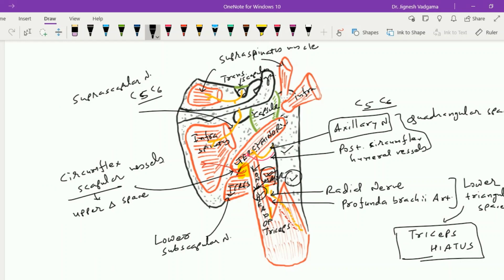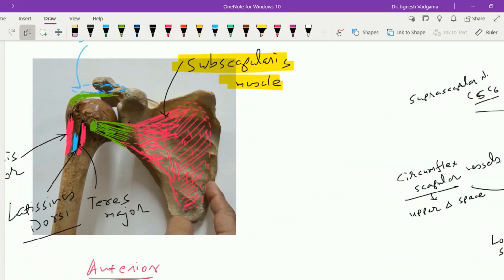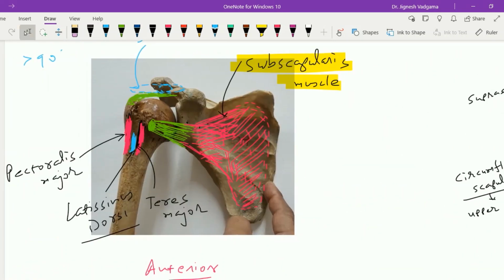Now when we see the subscapularis muscle, it is going to be supplied by two nerves. One is the upper subscapular nerve and one is the lower subscapular nerve, and these subscapular nerves are branches of the posterior cord of the brachial plexus.